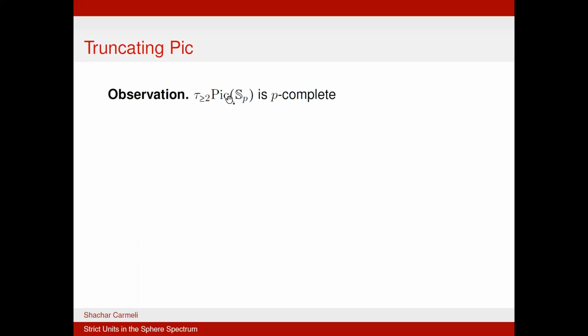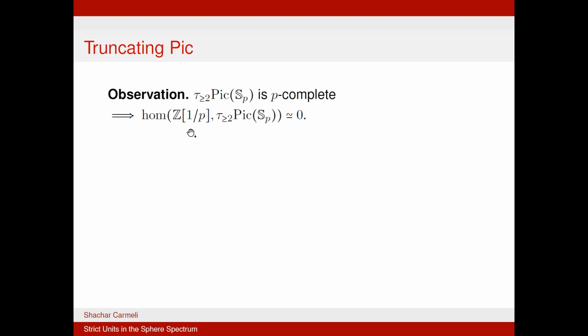So the observation here is that if I take the simply connected cover of the Picard spectrum, namely ignoring pi 0 and pi 1, all higher homotopy groups are like the homotopy, or some shifts of the homotopy groups of the P-complete sphere, which are derived P-complete abelian groups. So that means that this spectrum is P-complete. In other words, this spectrum is the inverse limit of its quotients by P to the n.